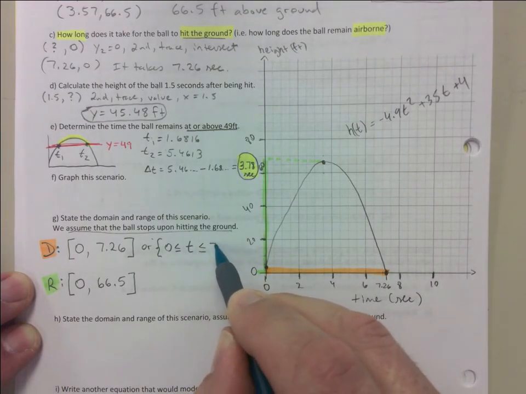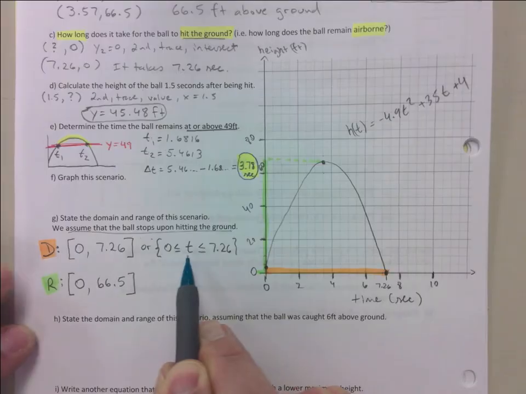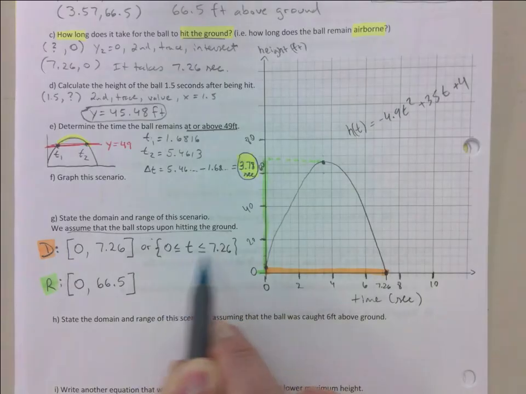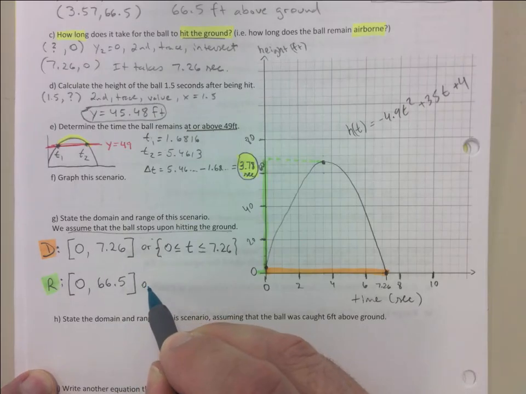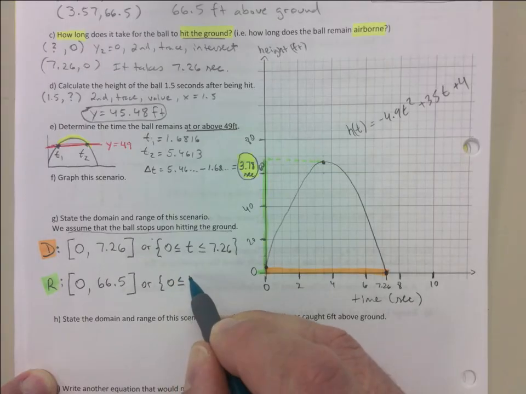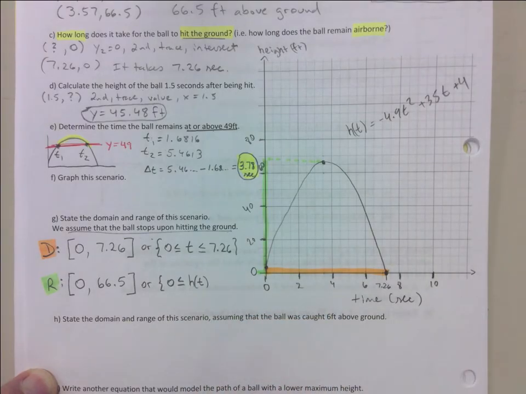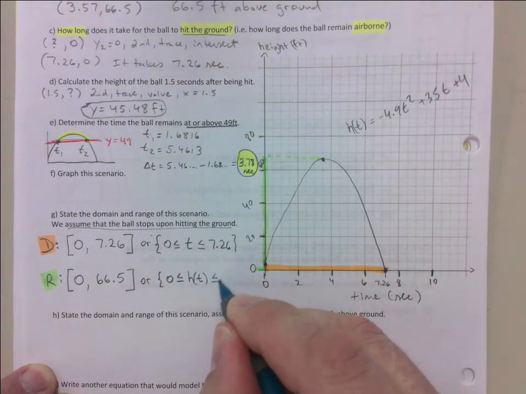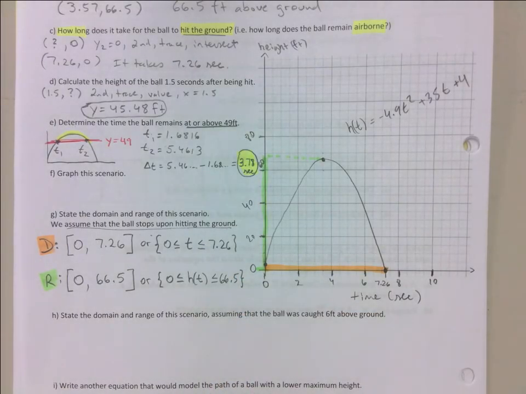So you're basically saying the variable t is between 0 and 7.26, inclusive, right? You're including the ends here. Or for the range, it goes from 0 to 66.5, with h of t, or just h. It's up to you, but in this case, y is the h variable. Okay, so those are your options.